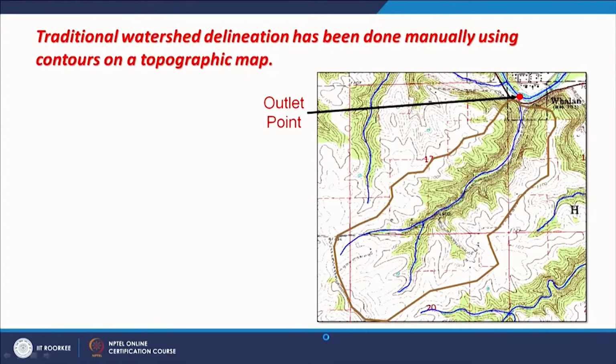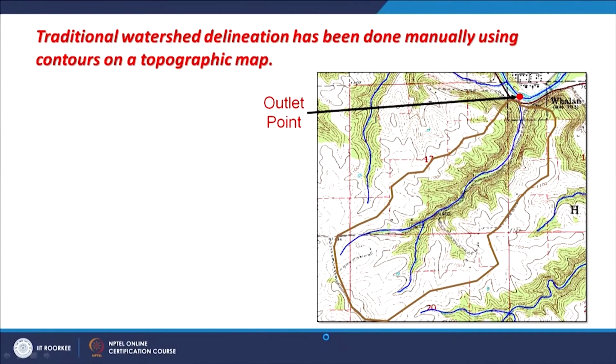Now as I have been saying, it's a topographic divide. Watershed boundary is also a topographic divide. So if you see a topographic map, wherever you are having higher points or contours like this or spot heights, then that becomes the watershed boundary. So using a topo sheet and with some care, we can definitely draw a watershed boundary quite easily.